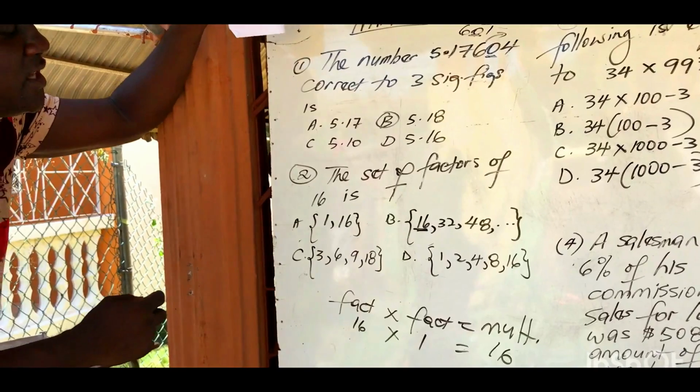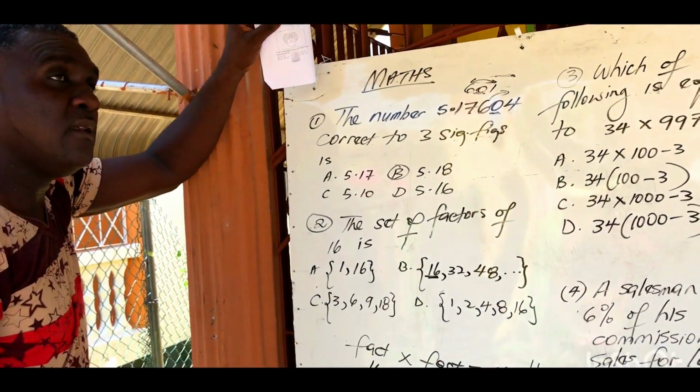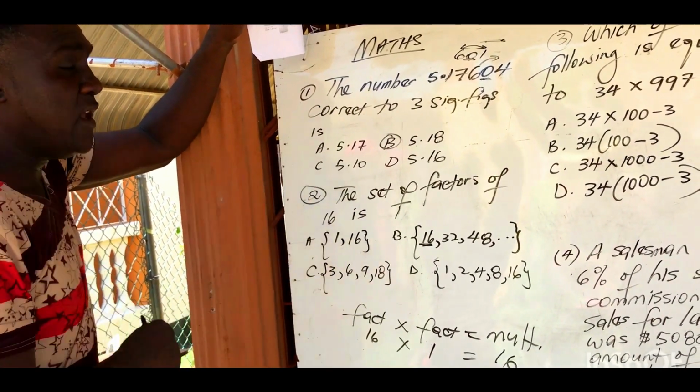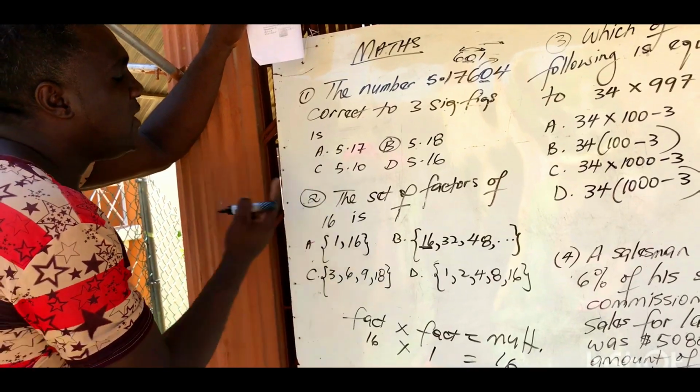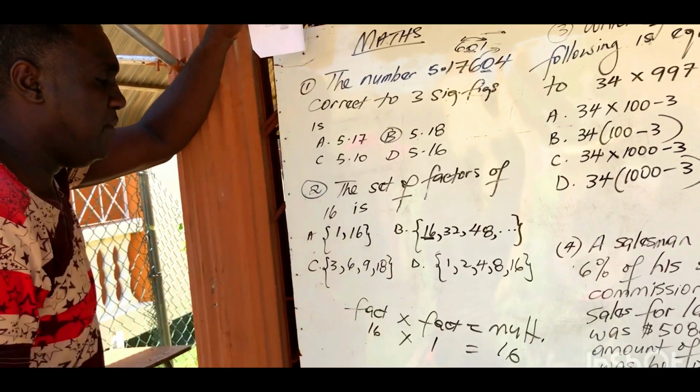When we look at 3, 6, 9, 18, we know that 3 is not a factor of 16 because based on our timetable, 3 times 5 will give us 15. Hence, 3 is not a factor of 16 because a remainder will be left.